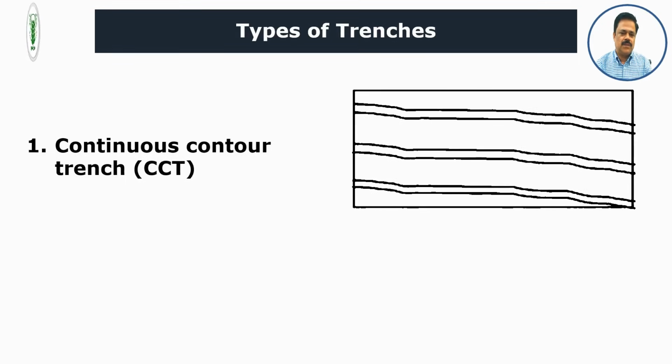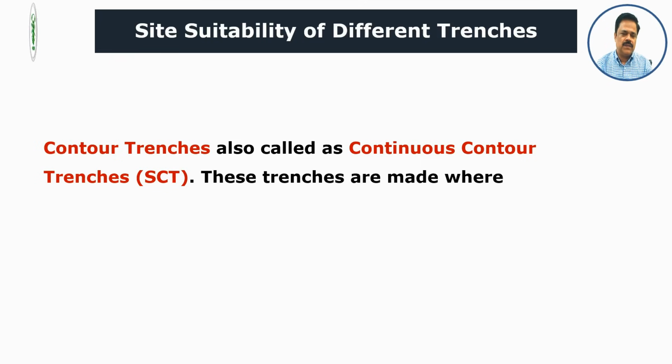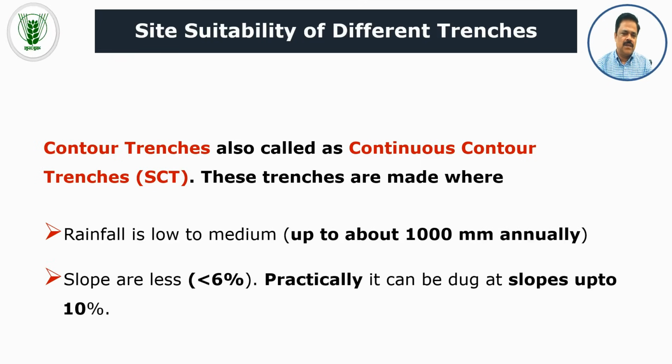There are basically two types of trenches: continuous contour trench and staggered contour trench. Here we can see the break in the continuous contour trench and the gap between two trenches in the staggered contour trench. These two types of trenches have their own suitability for different types of flow and rainfall. If we see the site suitability, the contour trenches, also called continuous contour trenches, are made where the rainfall is low to medium, that is up to 1000 mm annually, and the slopes are less than 6%.